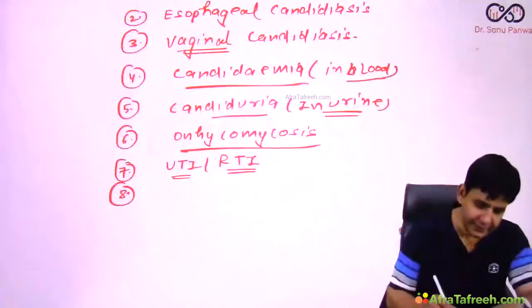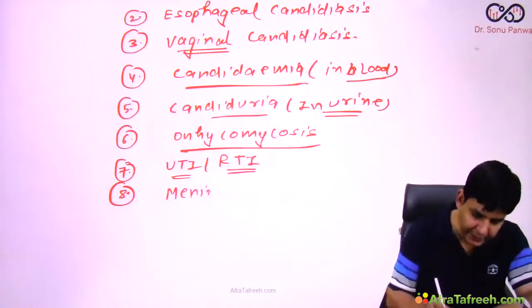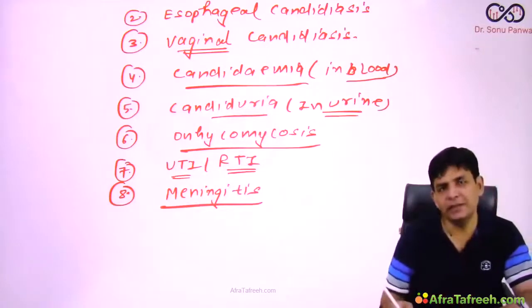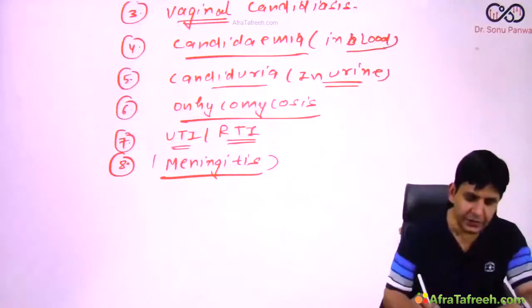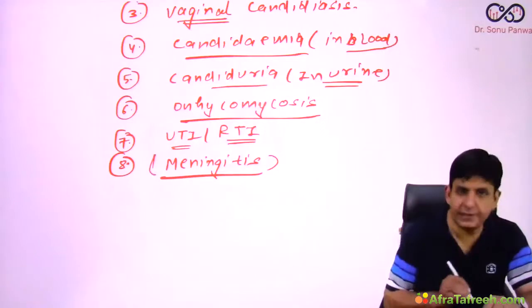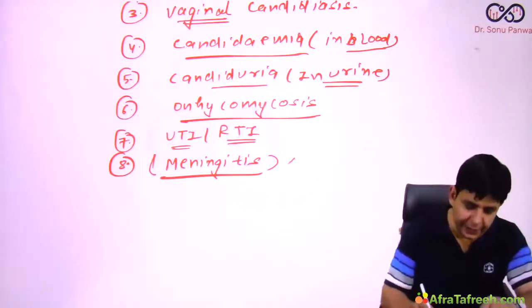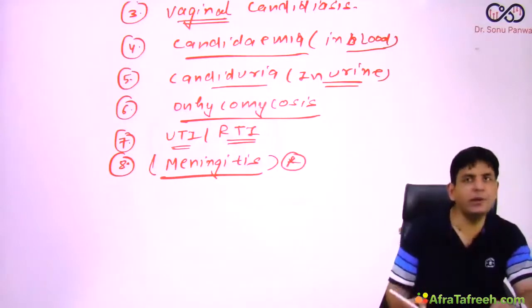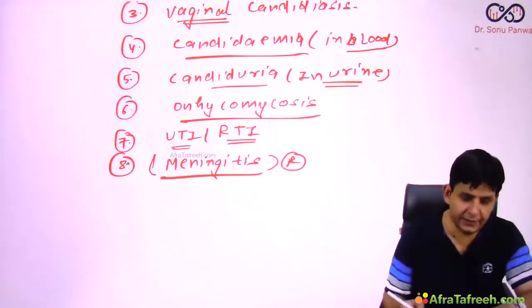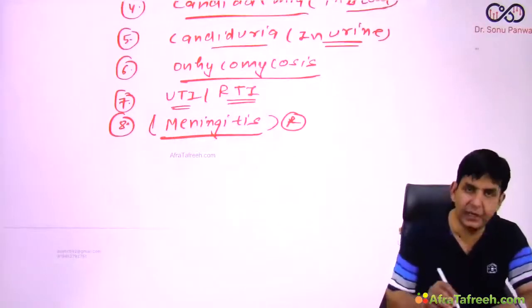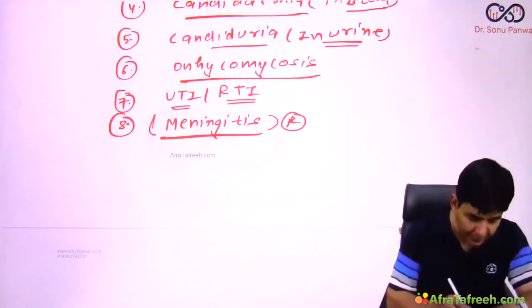And along with that, you need to remember, rarely it does meningitis also. So remember, Candida also associates with meningitis, though rarely. So these are the various infections which are caused by Candida, and these all names you need to remember.